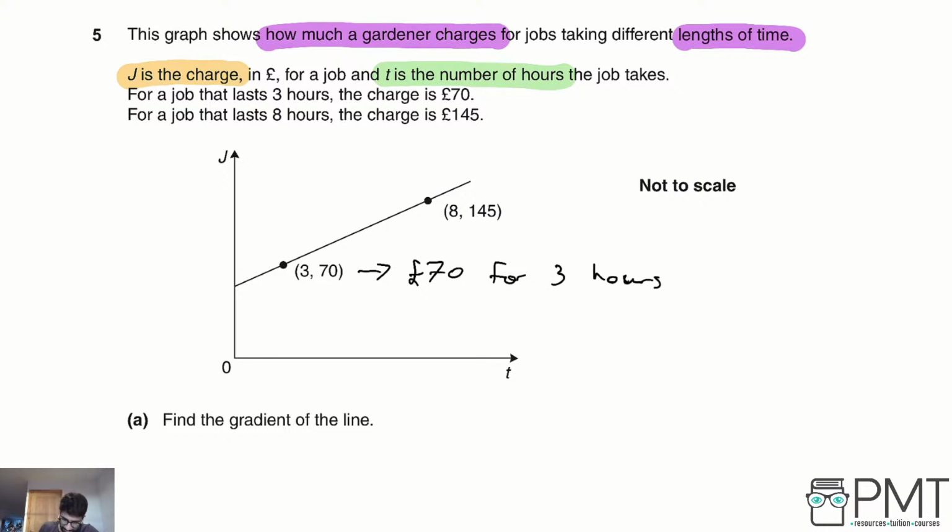And the other one is saying that he is charging £145 for 8 hours. This is because we are told that T is the number of hours, and this is the T-axis. The first number shows you the number of hours. That's how you know this. We are translating what's given in the question into sentences or words, so it makes sense. So it's not just x's and y's.